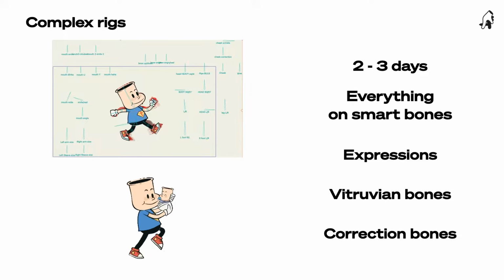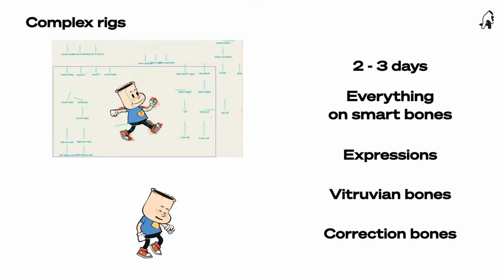This kind of rig takes us around 2 to 3 days. We are trying to do everything on smart bones if it's possible. Also, we are rigging the expressions. We are using Vitruvian bones on the limbs, like in this case on the hands. And also we are doing correction bones on the rig to have everything on bones, to not animate each point if it's not working.